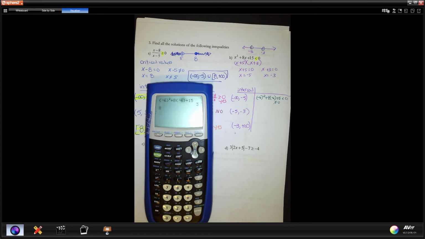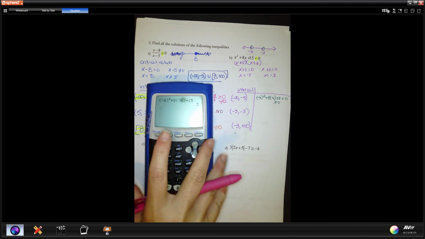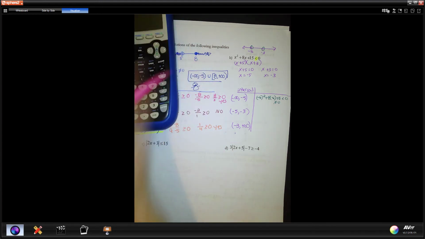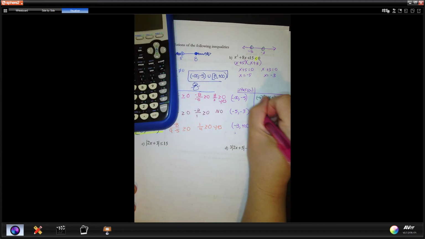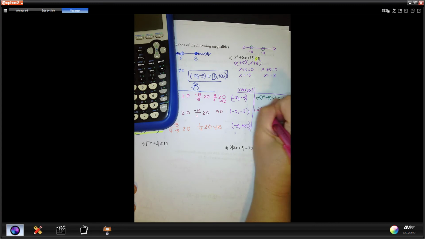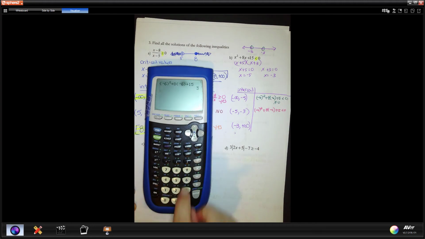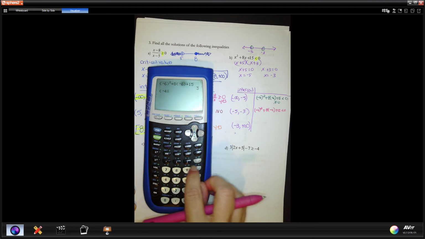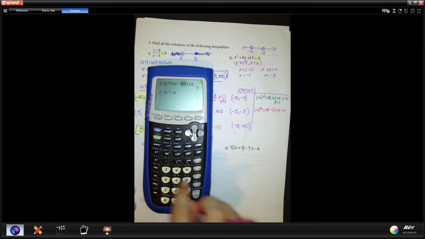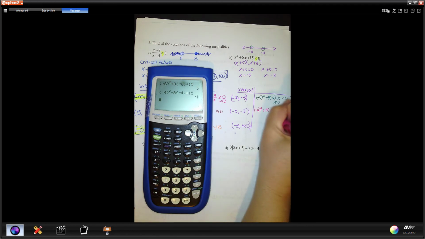So a number between -5 and -3. Let's look at -4. So -4 squared plus 8 times -4 plus 15, is that less than 0? So is -1 less than 0?